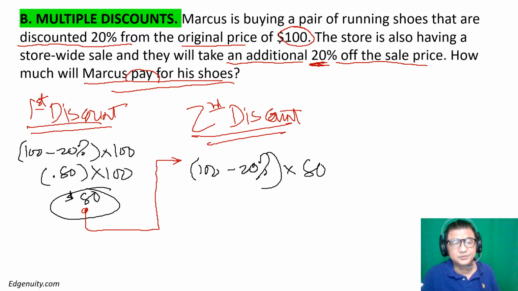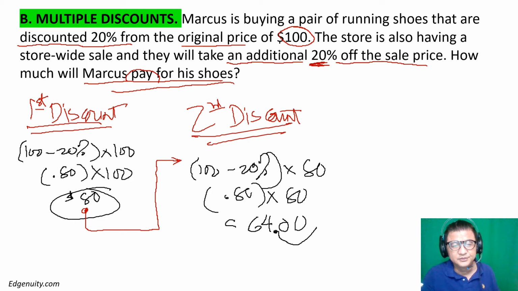All right? So you're paying 80% times 80. 8 times 8 is 64 plus the two zeros, two decimal points. So the final price is now $64. All right? So first discount followed by a second discount.